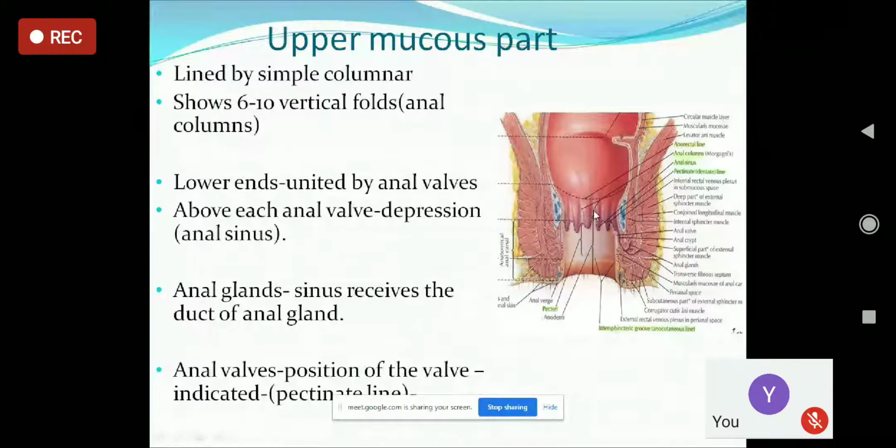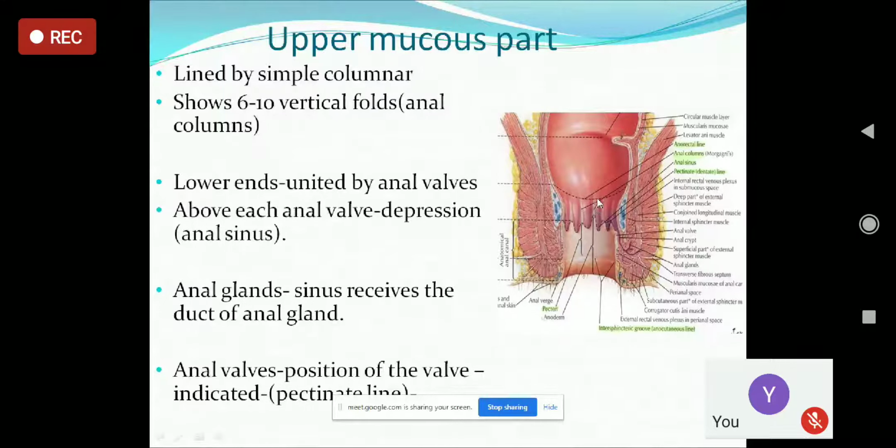In the upper mucous part you get the anal columns, and at the lower end they are united by the anal valves. Look at it, these are the anal valves. In the depression of the anal valve you get the anal sinus.